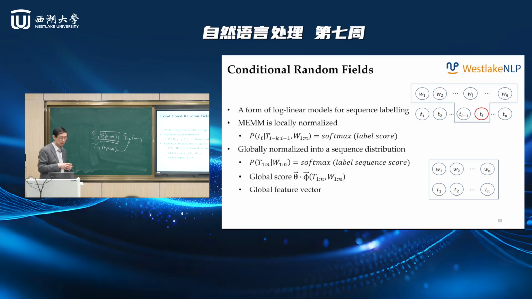I call it a global feature vector. And then the parameterization is the same as when we do classification, okay? It's a softmax function. Okay, but this seemingly naive softmax function is not so simple. Do you know why?